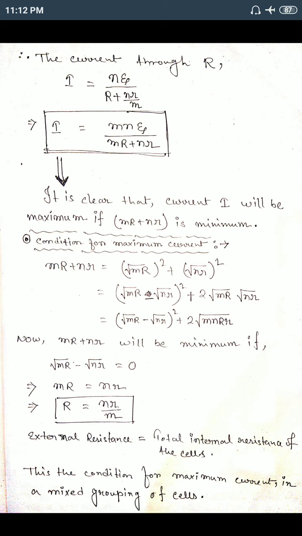Now the condition for I to be maximum is that the denominator term should be minimum, and this denominator will be minimum when the external resistance R is equal to the total internal resistance, R equals nr by m. Only in that condition we get the maximum current from this mixed grouping of cells.